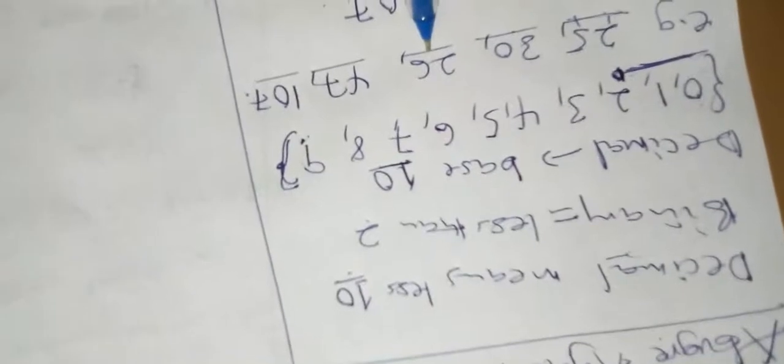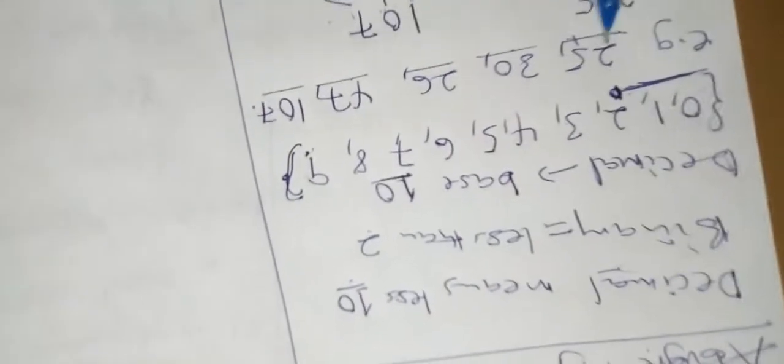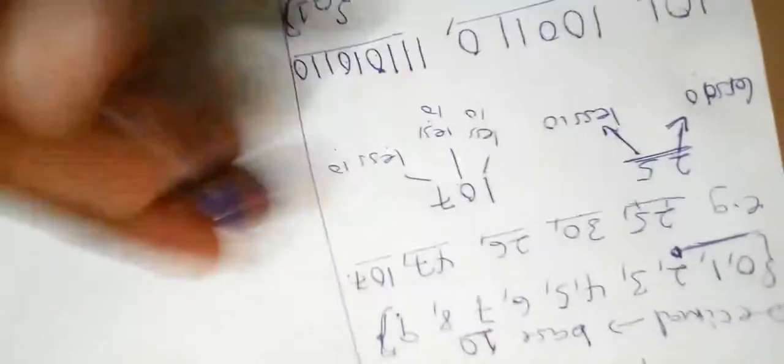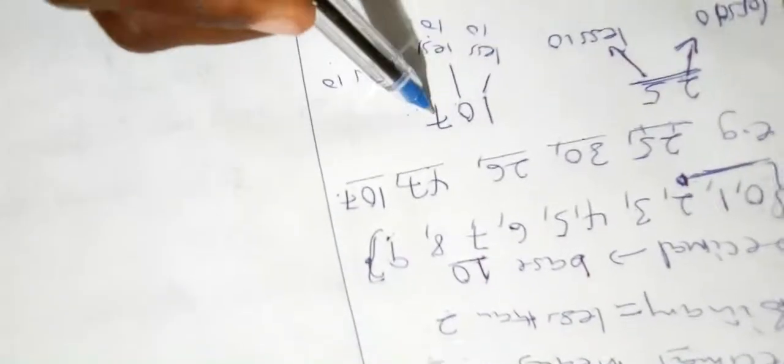In 25, 2 is less than 10, 5 is less than 10, and if you take 107, yes, that whole number is more than 10, but the individual figures inside 107 are all less than 10.